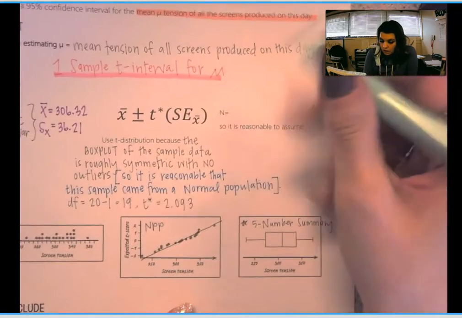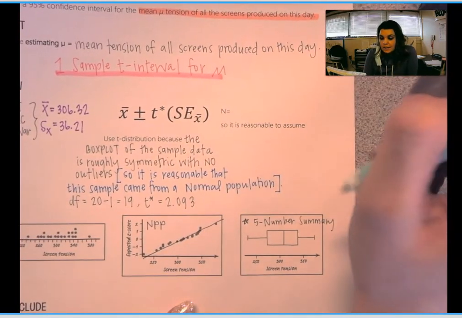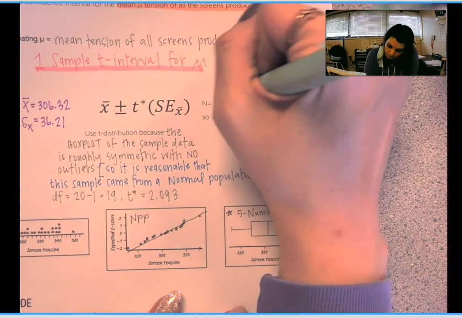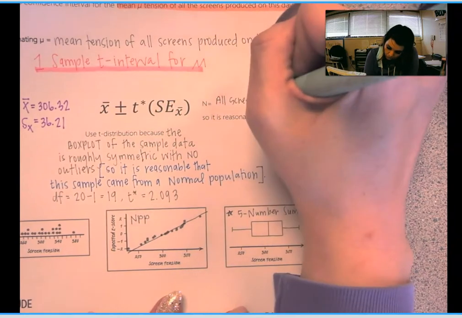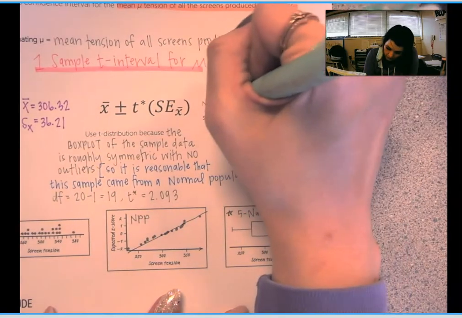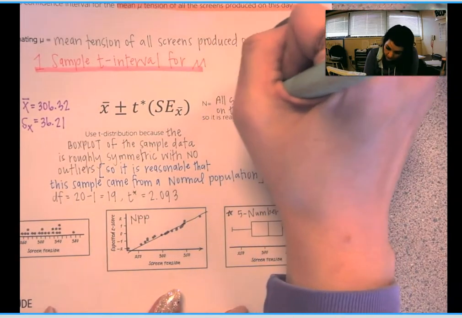Last thing that we need to check is the 10% condition. N in this case is all screens produced on this day.